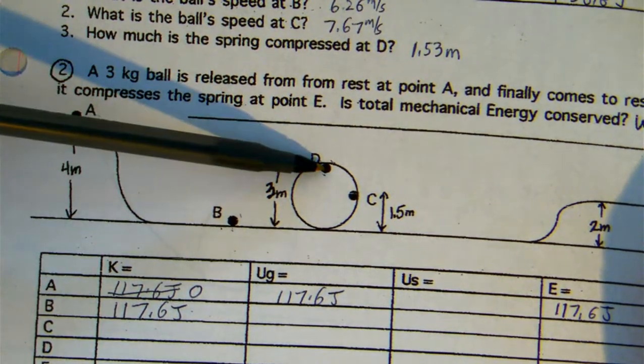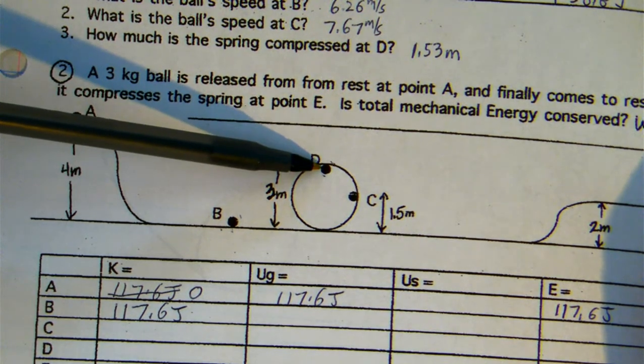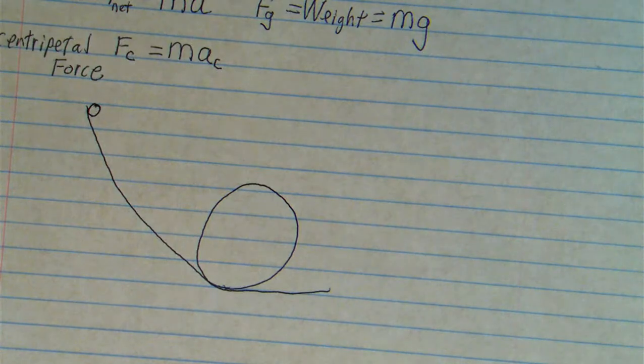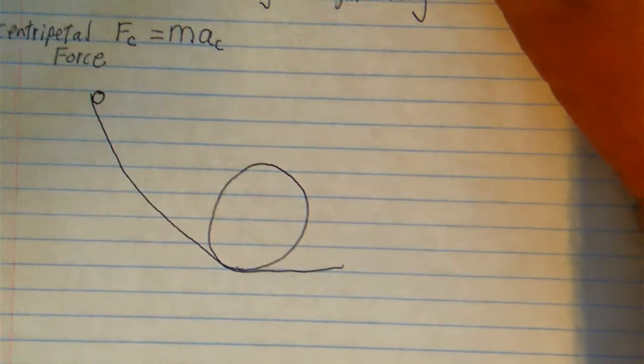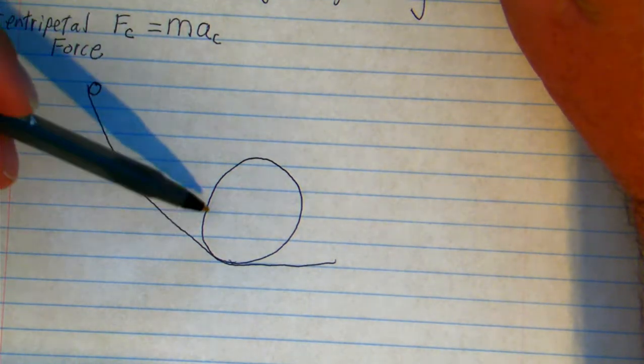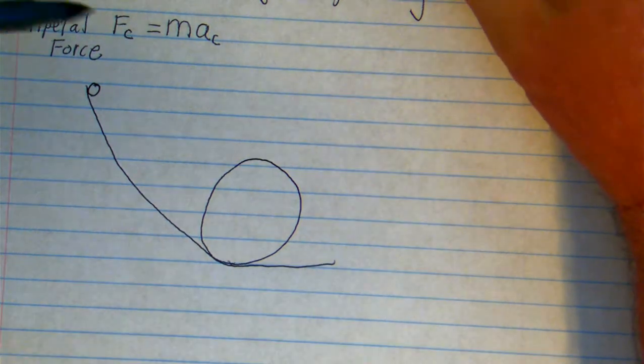What is the normal force acting on the ball at point D? So today, I'm going to try to teach you how to correctly calculate those answers. But I'm not going to use the values from the homework assignment. Let's use a few different values instead.